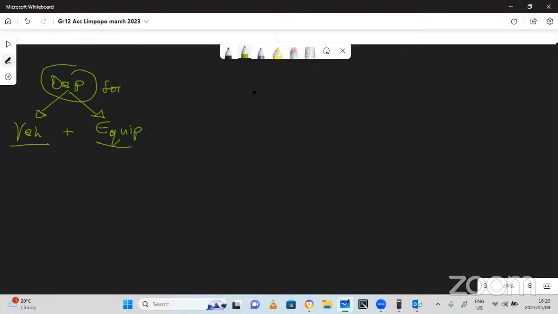This is what I do whenever I'm calculating depreciation in each account, whether it's vehicle or equipment. I will always calculate depreciation number one, depreciation number two, depreciation number three.